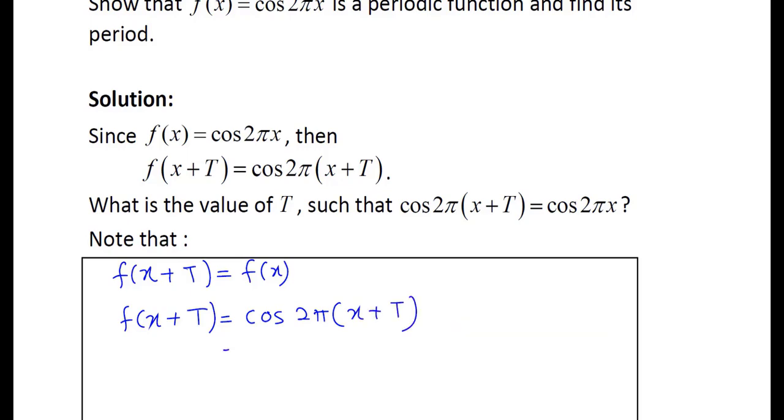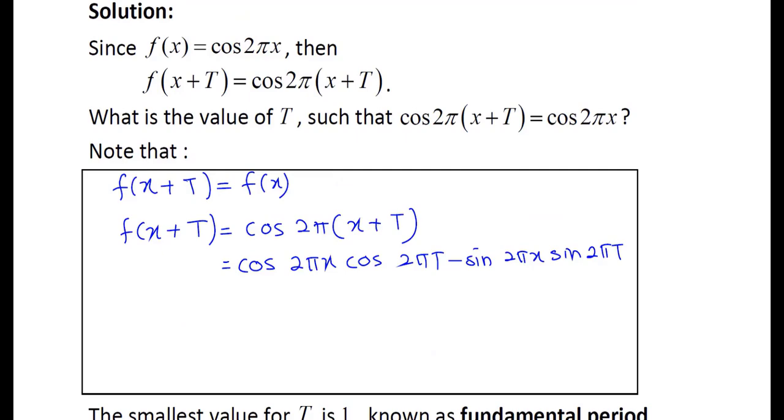Then we expand this using trigonometry properties. We get cos 2 pi x cos 2 pi T minus sin 2 pi x sin 2 pi T.